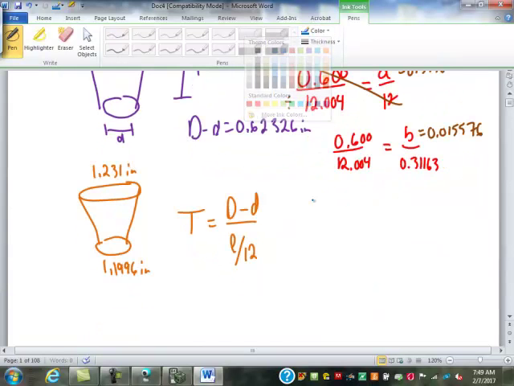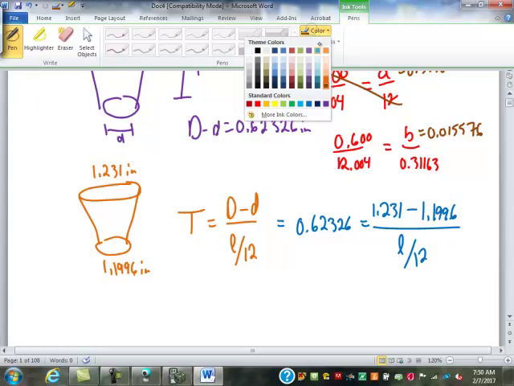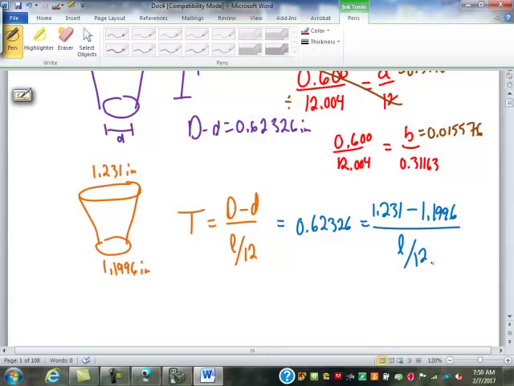So we're going to plug in our taper. 0.62326 equals big D of 1.231 minus little d of 1.1996 over, we're looking for L, so it's L over 12. Now, in my effort to solve this, I'm going to multiply by L over 12 on both sides.